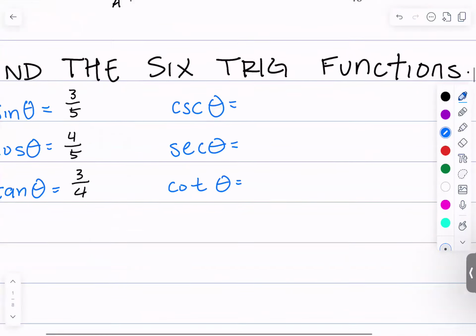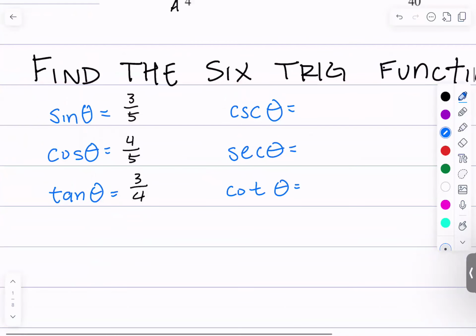Or we could just flip the sine value to get cosecant. So that's 5 over 3. That would be 5 over 4. And that'll be 4 over 3, right? Just taking the reciprocal of sine, cosine, and tangent. Right? Remember that?